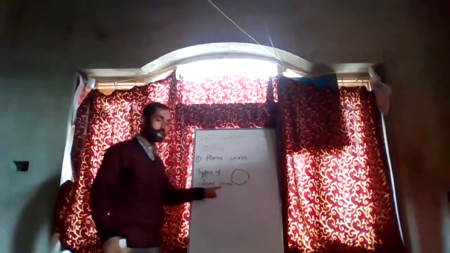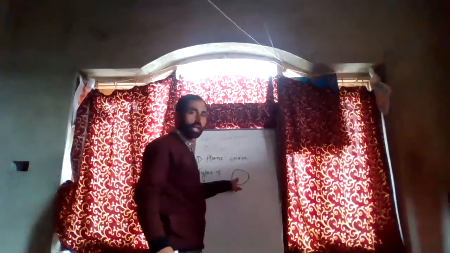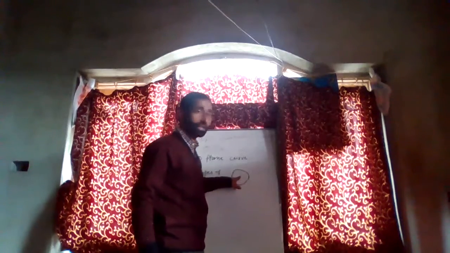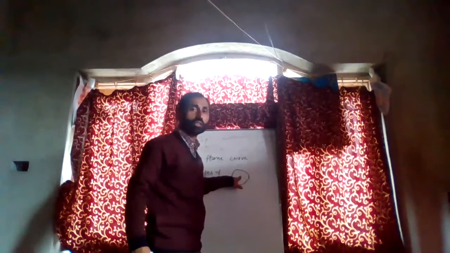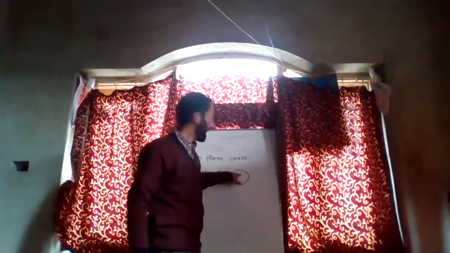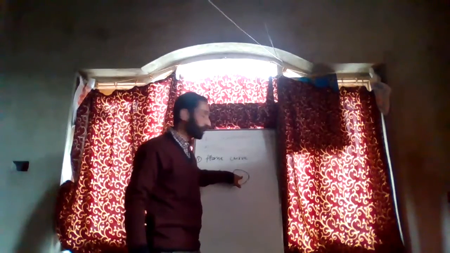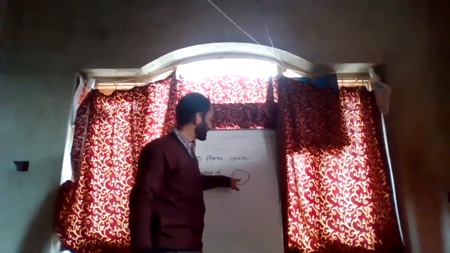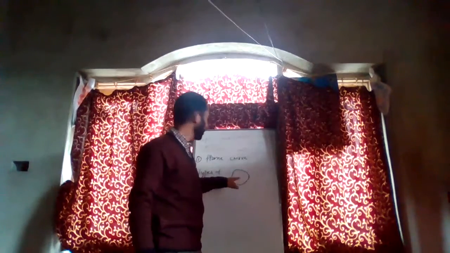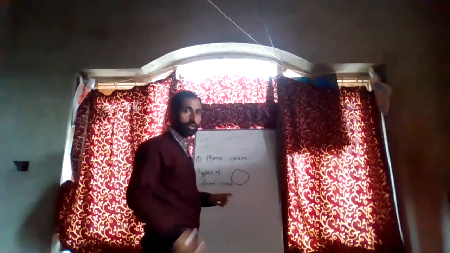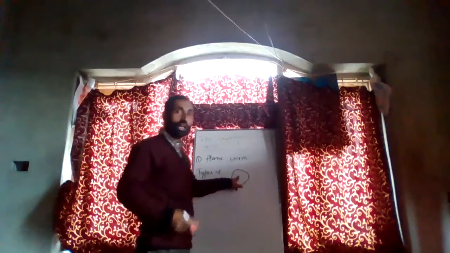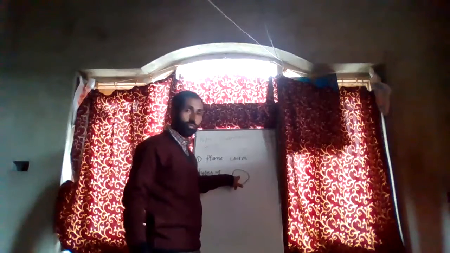Number one is closed curve. As you see, I draw a circle. First I draw some points, some dots on the plane surface, and then I join these points. So by joining these points, we get a circle. This circle is called a closed curve. So this closed curve is one type of plane curve.